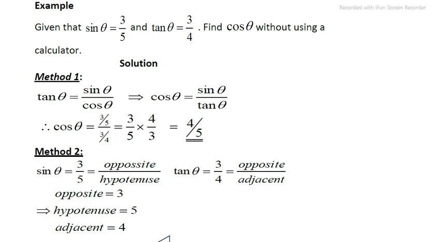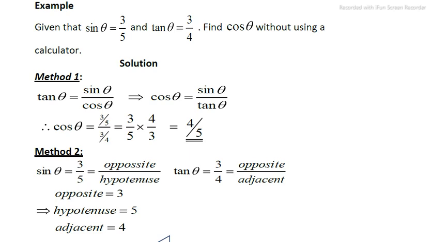If we have tan theta equals sine theta over cos theta, we can cross multiply, and then that gives us cos theta tan theta equaling sine theta, and then we divide by tan theta to give us cos theta as sine theta over tan theta, where we substitute for sine and tan to find cos theta as 4/5.